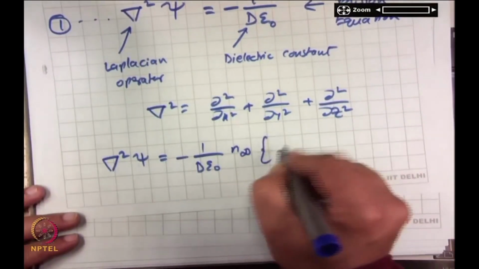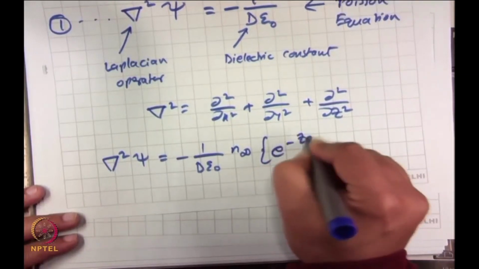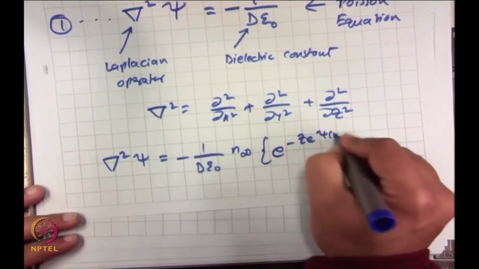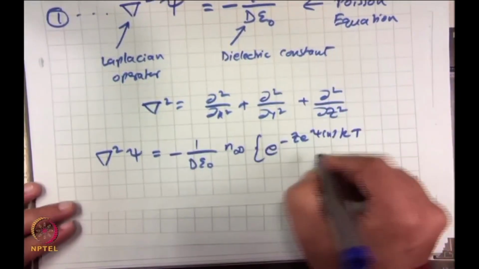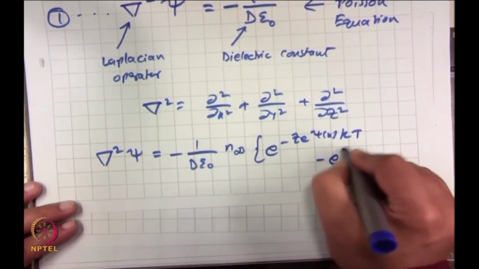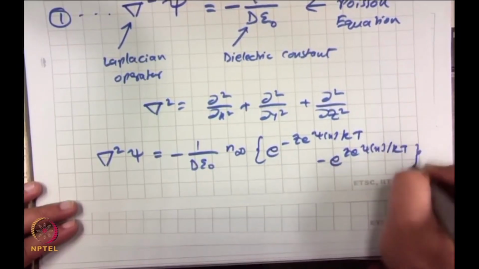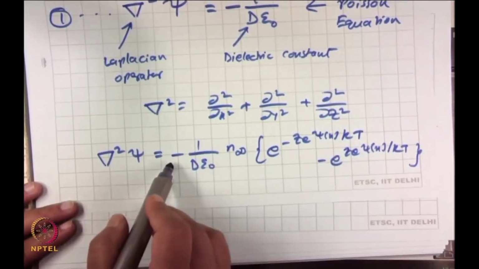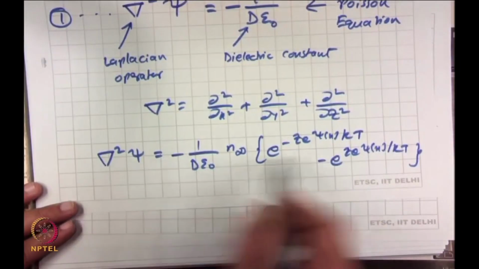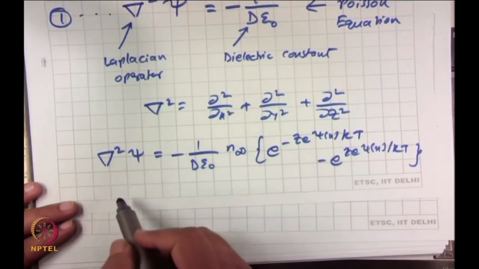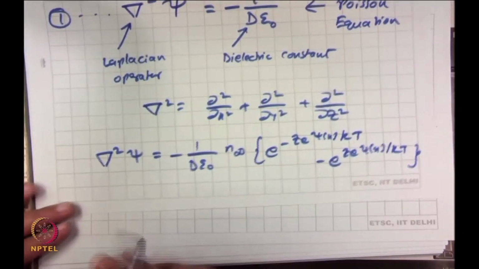I am left with e to the power minus z e psi x over k T, then minus e to the power z e psi x over k T with a negative sign in front. See, now you have psi on both sides of the equation. So, you understand what you are going to do, right.